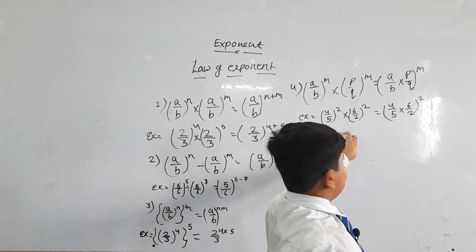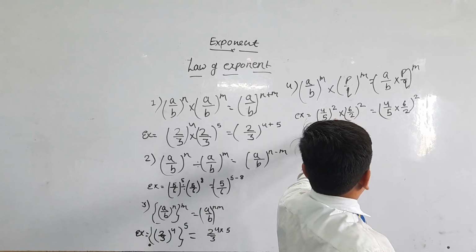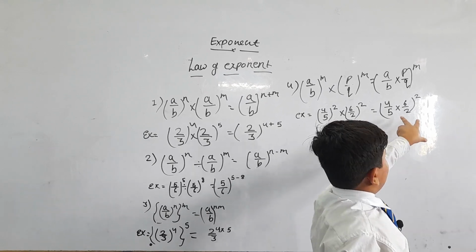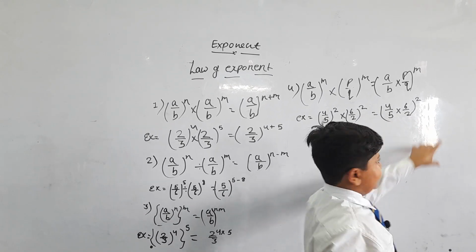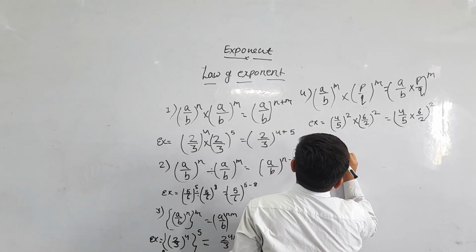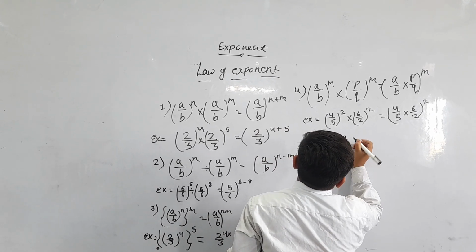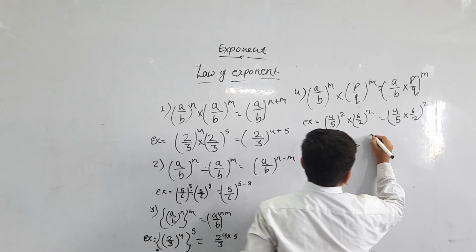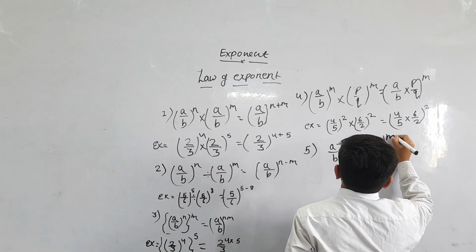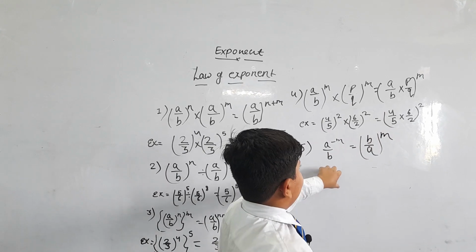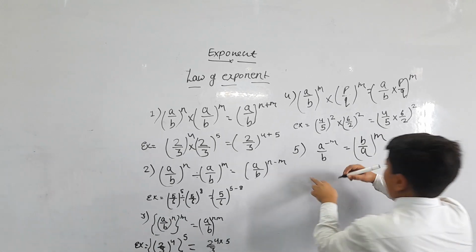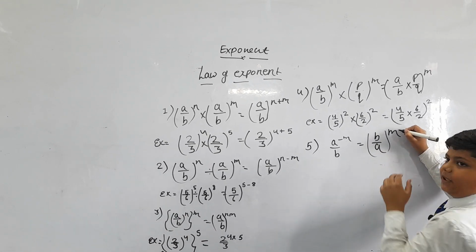we see the base is different and the power is the same and the sign is multiply, we multiply the bases and the power is common. And the fifth rule of exponents is: when any base has a negative power, we take the reciprocal of the base and the power becomes positive.